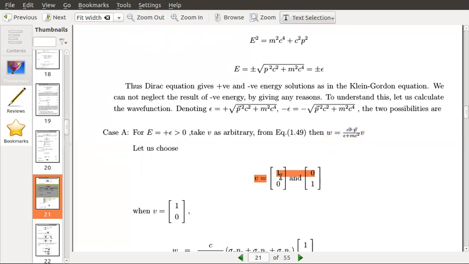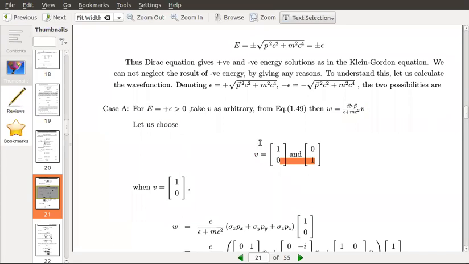So we have U1, U2, V equal to the column vector U1, U2. So take U1 as 1, U2 as 0. Then you take the next case, U1 as 0, U2 as 1. Take that separately.